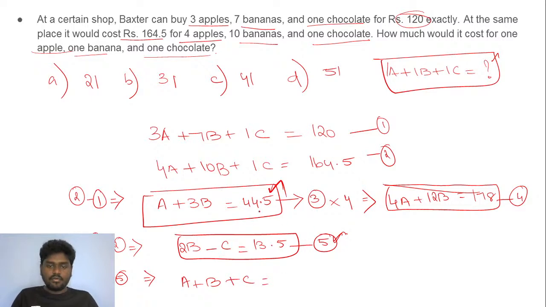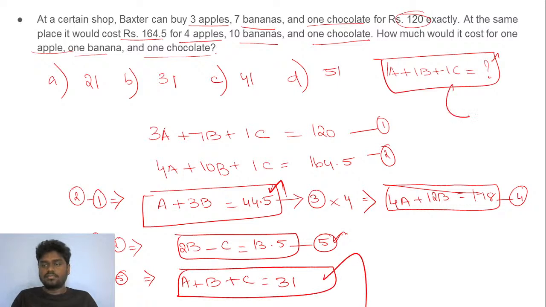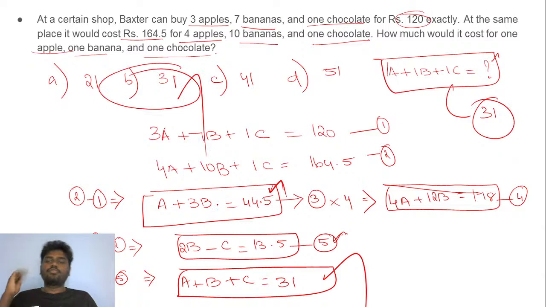So ultimately 44.5 minus 13.5 gives 31. So the answer for this question is absolutely option B. The cost of one apple, one banana and one chocolate is option B, 31 rupees.